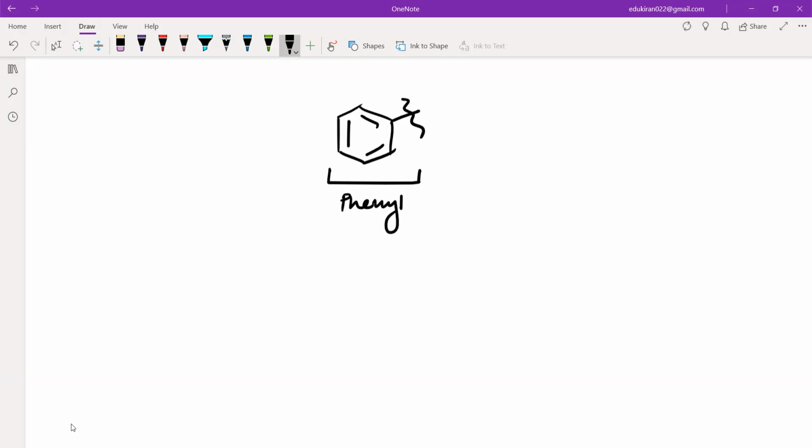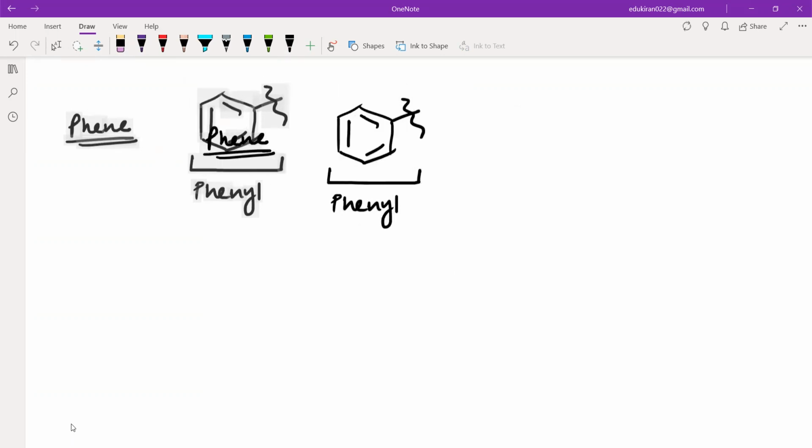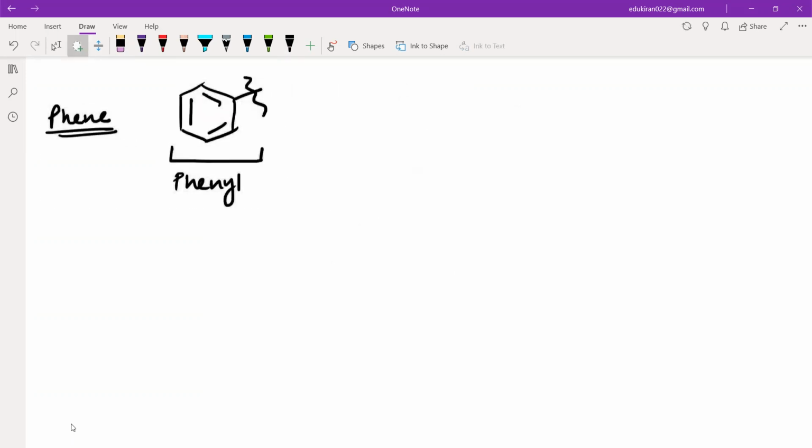Benzyl seems very appropriate, but please remember that phene was the old name of benzene, and from there we have derived the name phenyl, and you can't do anything about that. It would have been very good if they had named it benzyl, but this is phenyl, because the old name was phene.